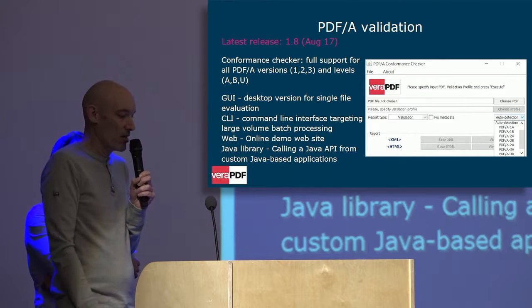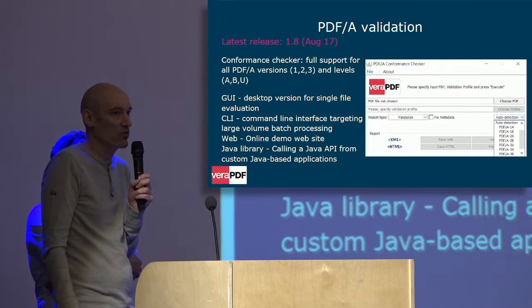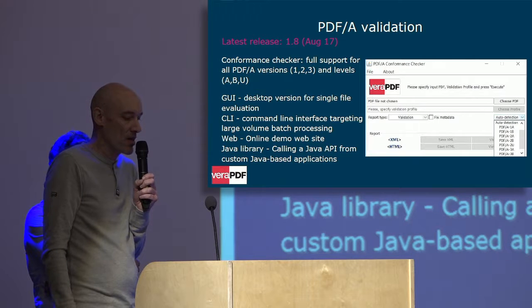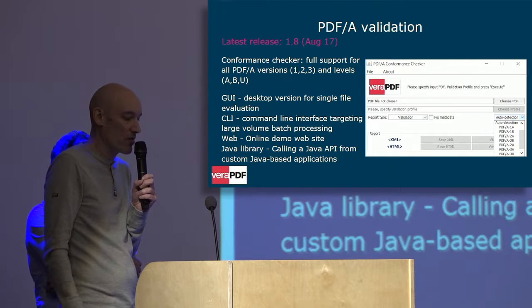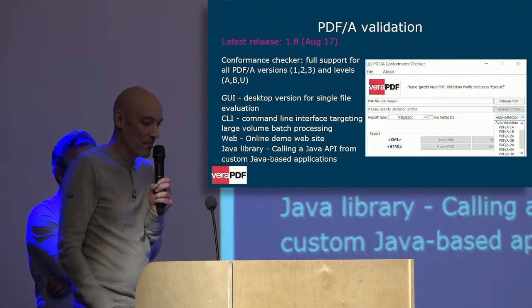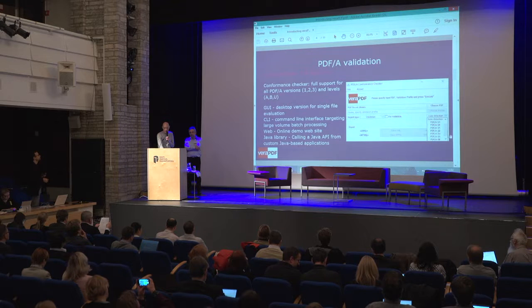There's a GUI desktop version, which we'll be mostly demonstrating, a CLI version, a command line version, which is really for integration into more automated workflows. We have an online web demonstration based on a set of web services, and finally the underlying Java library, which has a relatively stable and coherent API, which can be called from Java applications.